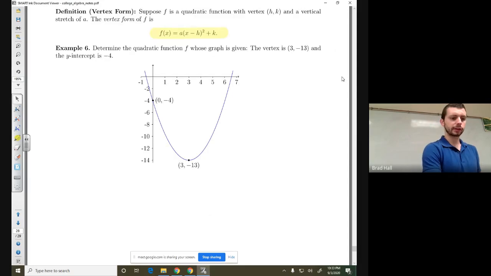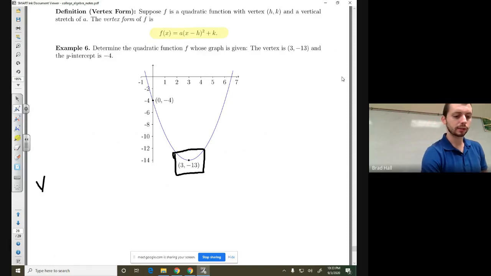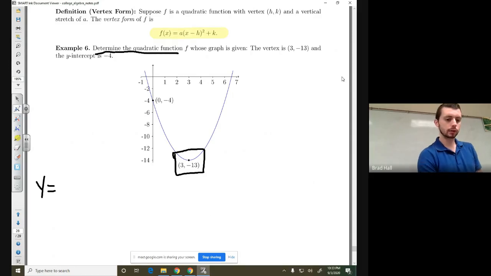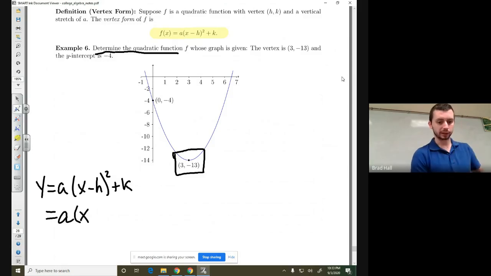For example 6 here, they actually already give us the vertex. So that means if we're trying to determine the quadratic function and they give us the vertex, we can fill in the vertex with h and k respectively.